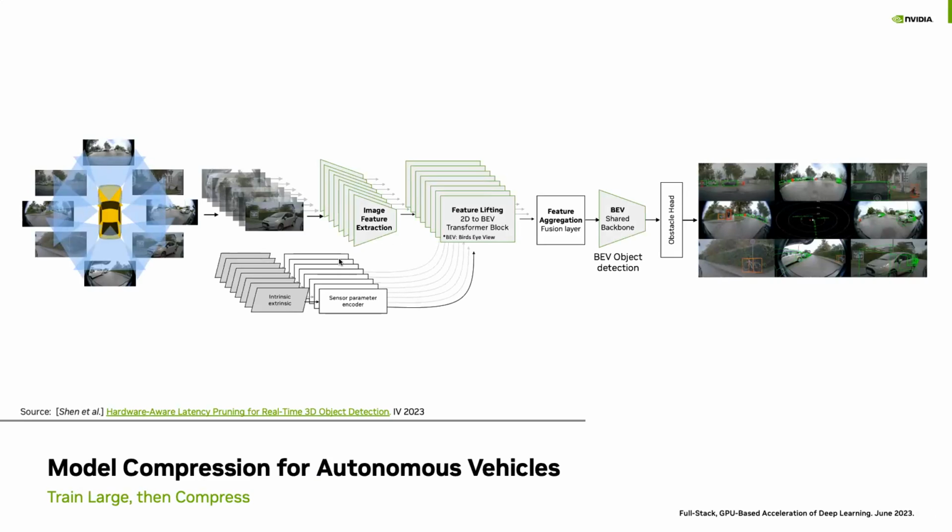And then we extract the feature map for each camera image independently. Then we convert the feature map from the 2D space to the bird's eye view space using the lifting module. Then at the BEV space, we aggregate the feature maps and use a shared backbone to get the output in the 3D space.